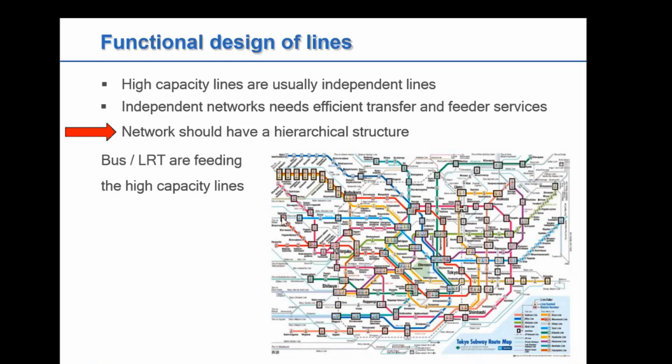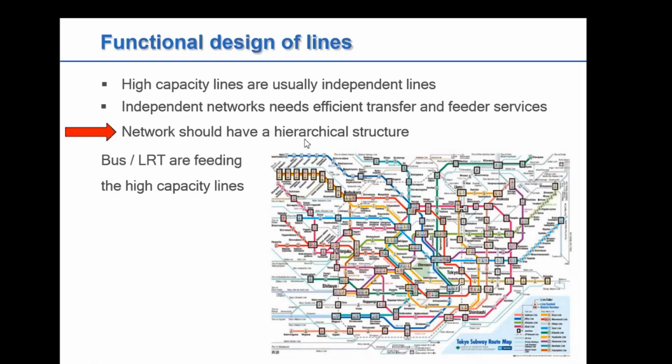Okay. So the high capacity lines are usually the independent line, because if you have a lot of passenger demand, we cannot integrate it. So we do need the right of way category A, where we have completely independent and completely dedicated lines. While the independent network needs efficient transfer and feeder services. Of course, the same line would be again connected in the different branches as well as the different trunks as well as the nodes so that it can serve the high capacity demand.